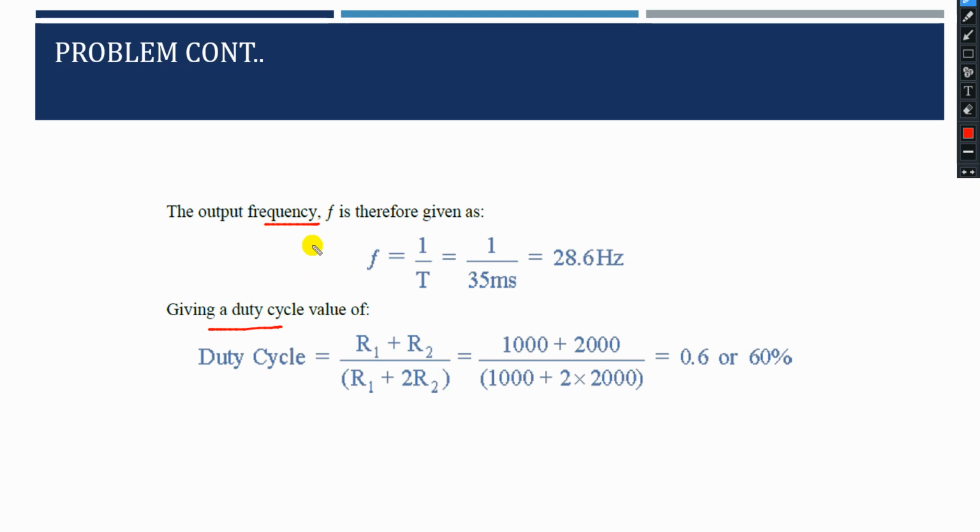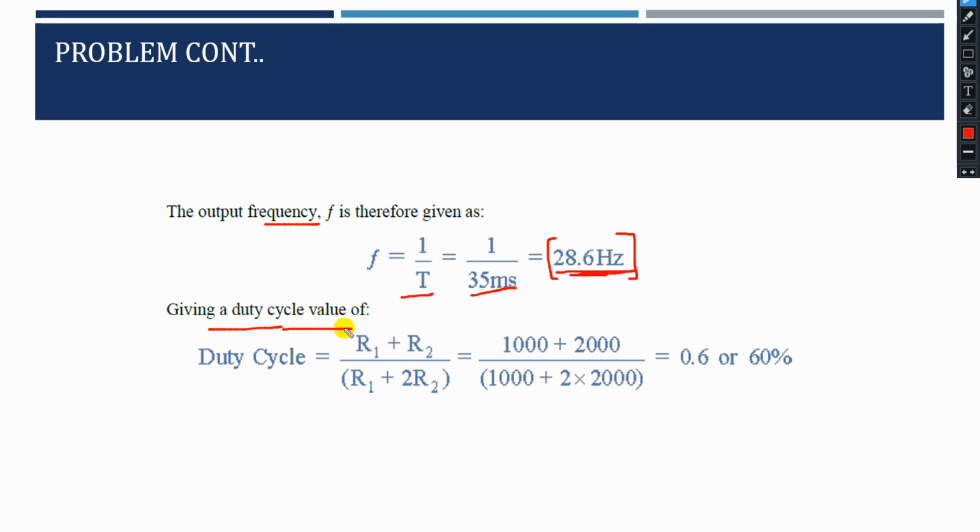That's what they have asked. Frequency is equal to 1 divided by time. The time is 35 milliseconds, so 1 divided by 35 milliseconds is 28.6 hertz. This is the frequency, which is measured in hertz.